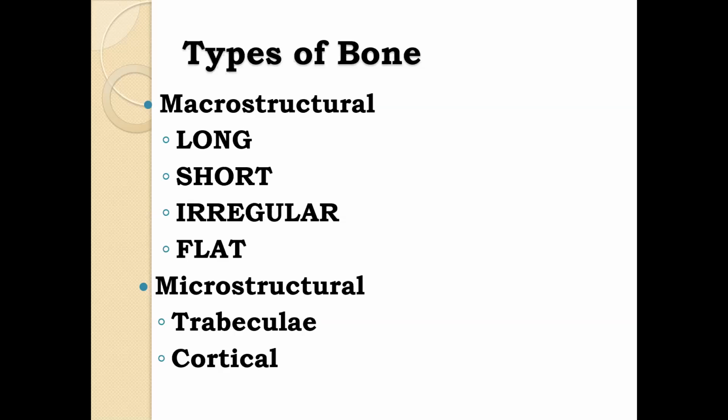Now, a lot of books like to talk about this microstructure as being spongy and compact. The problem is that there is no spongy and there is no compact bone. Bone is always compact. It's very hard.